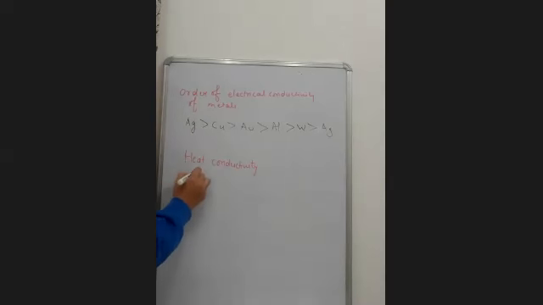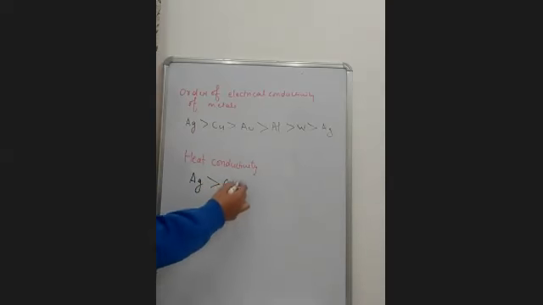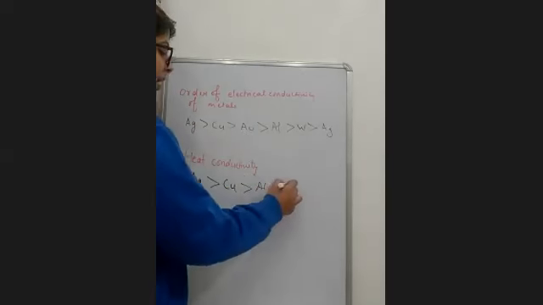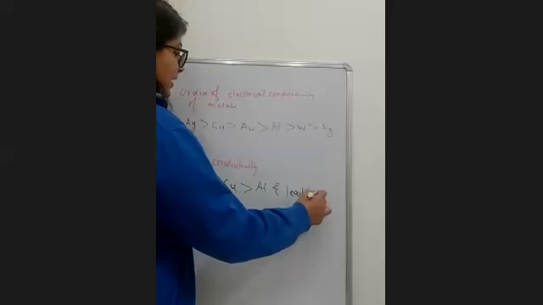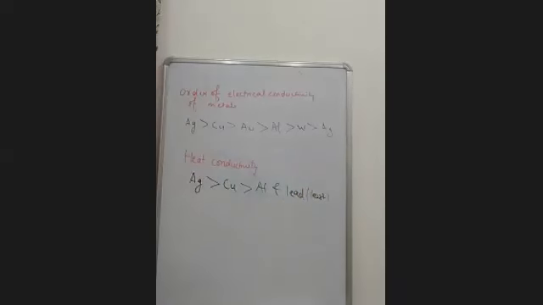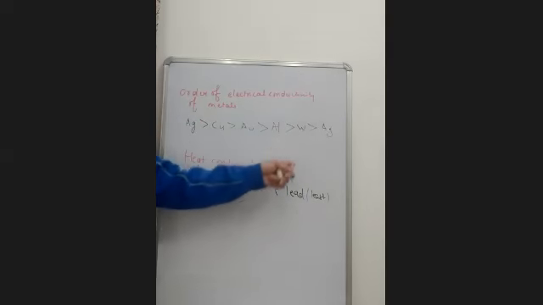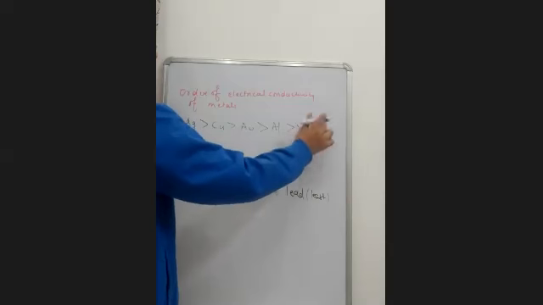In this also, Ag is the most heat conductive element, then copper, then aluminium. Here Au is missing, and at the end lead is our last. Right. In this order we have these elements. According to this order, we have this many elements. What is the difference here? There is Au missing in heat conductivity, tungsten missing in heat conductivity. Right.